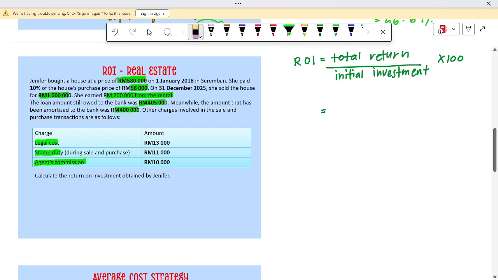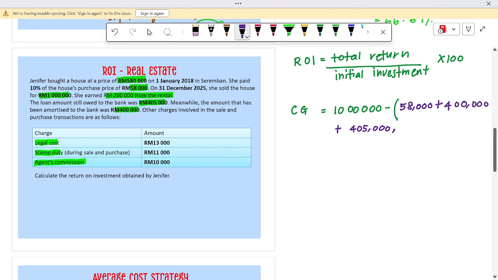So how are you going to calculate your ROI right now? So your return will be, how do you calculate your capital gain first? Capital gain will be your selling price, which you're going to sell, is 1 million, minus all the costs that you have spent on the house, all the expenses. So she paid 58,000 for the down payment, plus she has paid to the bank 400,000, plus she is yet to pay to the bank 405,000, something that she needs to settle.